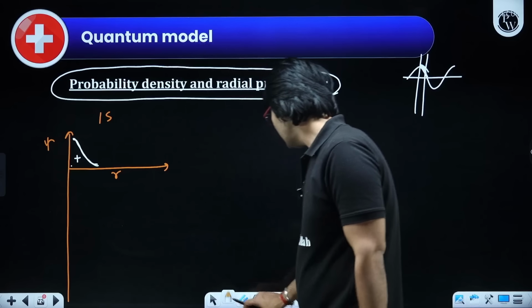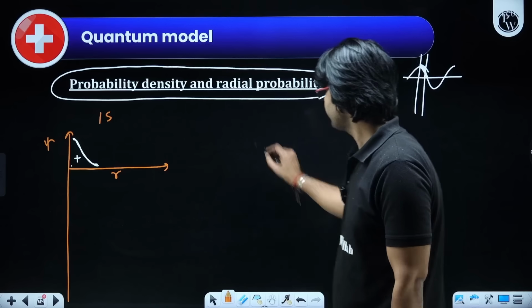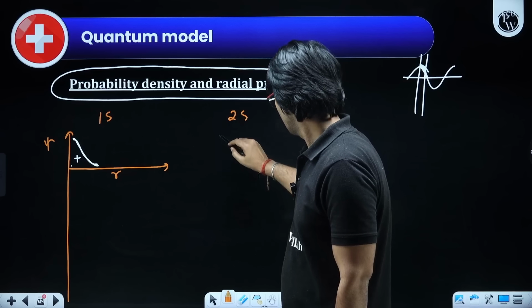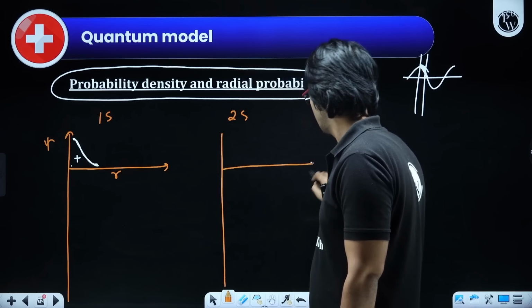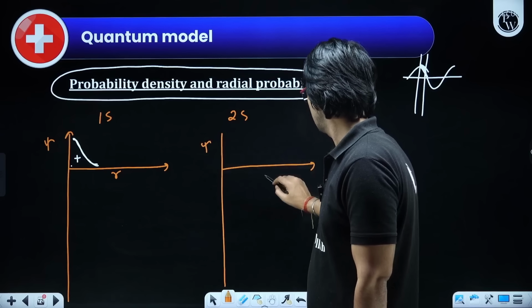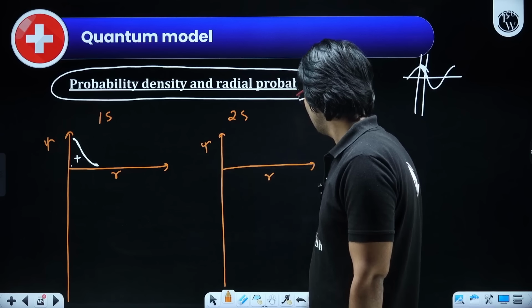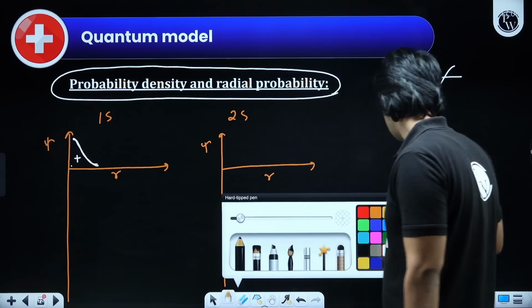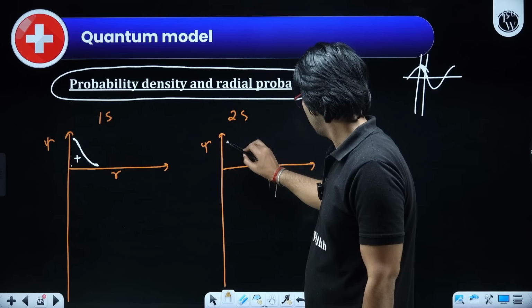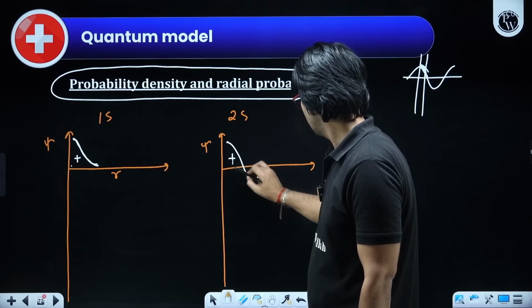And if you draw the same for your 2s orbital, again psi versus r. So for 2s orbital, it has both positive and negative amplitudes, plus and minus, right?